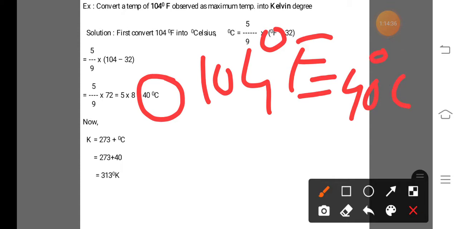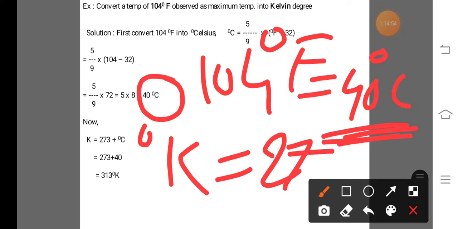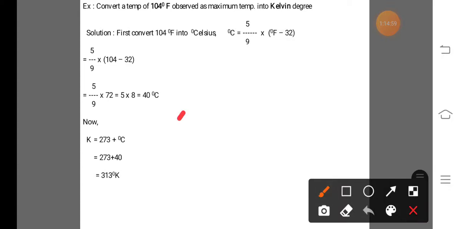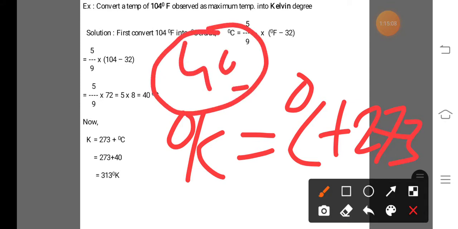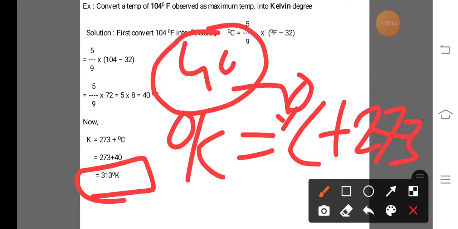Now we calculate the degree Kelvin from Fahrenheit by using the Celsius scale. For the calculation of temperature in degree Kelvin by using the Celsius scale, the formula is degree Kelvin is equal to 273 plus degree Celsius, or degree Kelvin is equal to degree Celsius plus 273, and this 40 degrees Celsius temperature is put in this formula, and the final answer we get is 313 degree Kelvin temperature.